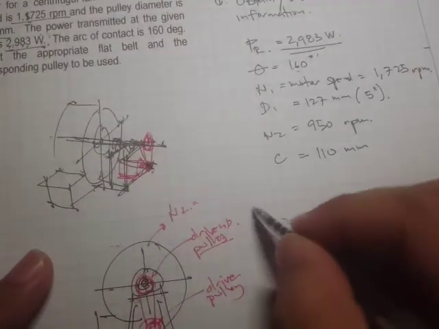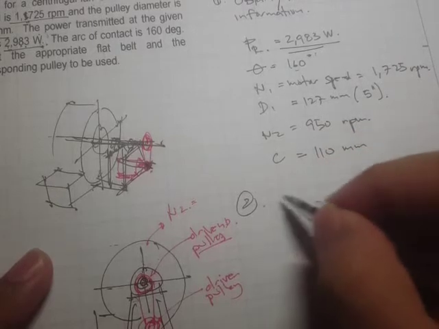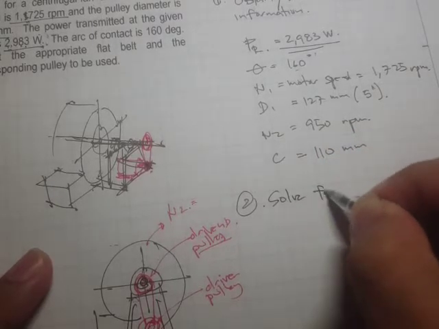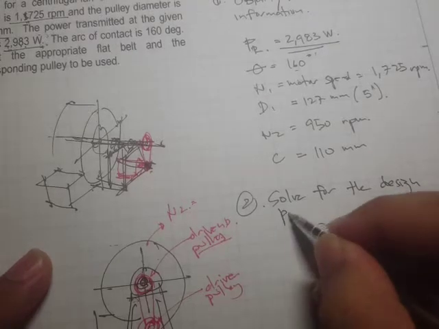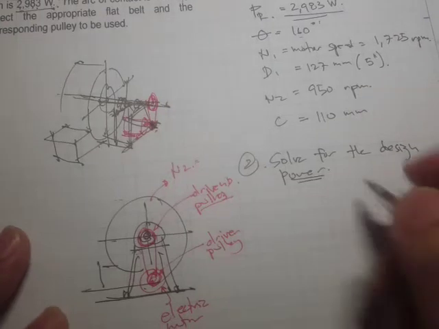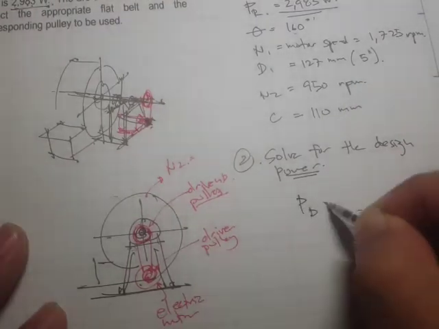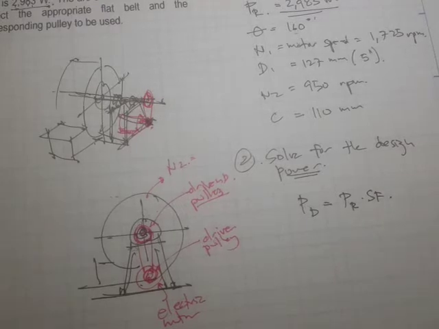Okay, so once you have that, then the next step is to solve for the design power. Okay, so PD is equal to the rated power times the service factor, and let's check our table.